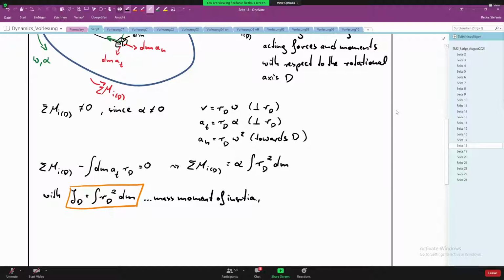And what we are doing in this integral, we compute the mass moment of inertia using the distance r_D of each mass point, dm, to the rotational axis.